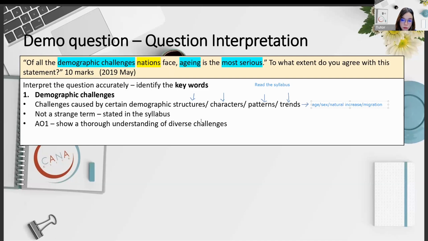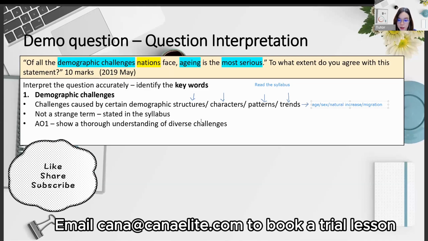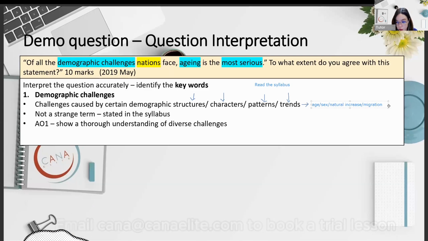So that term means a lot, and the amount of concepts that you can apply well to that question would be related to your AO1. A rough understanding of those challenges would be very important.